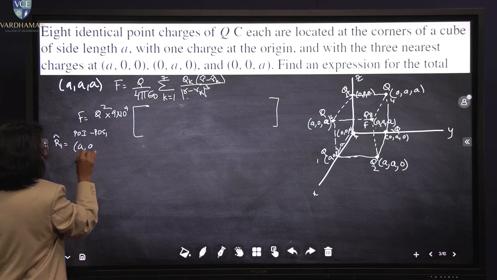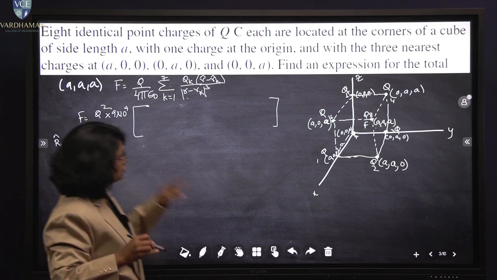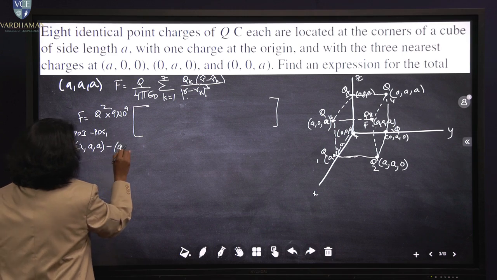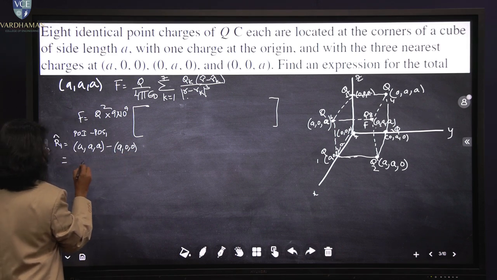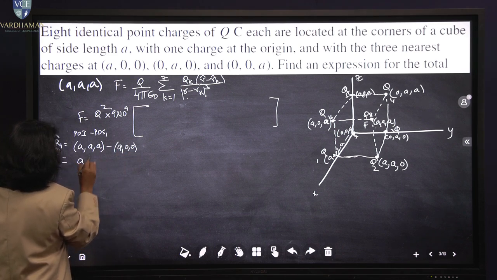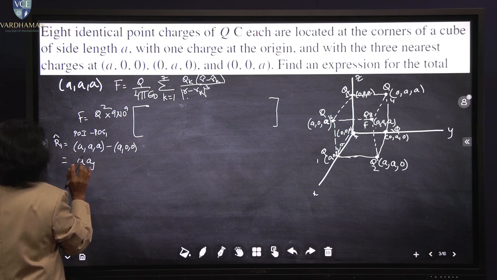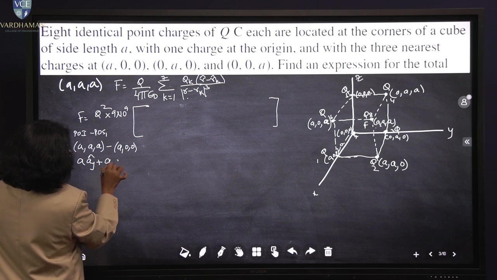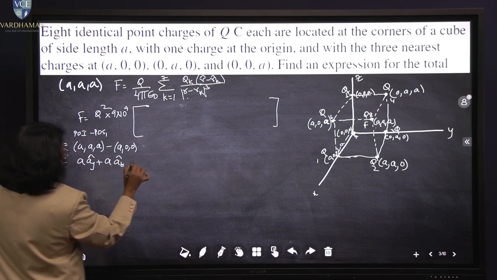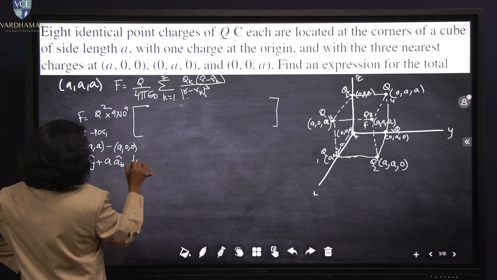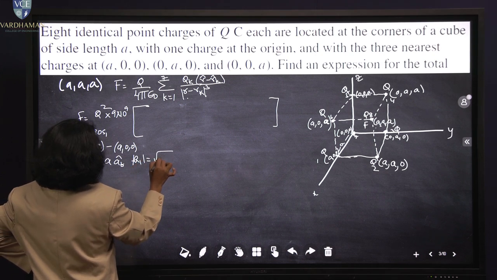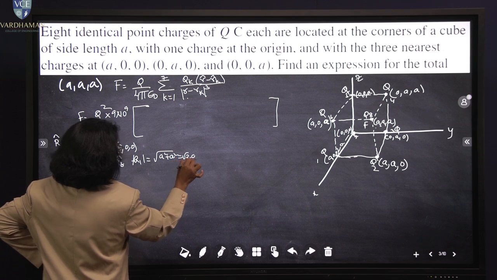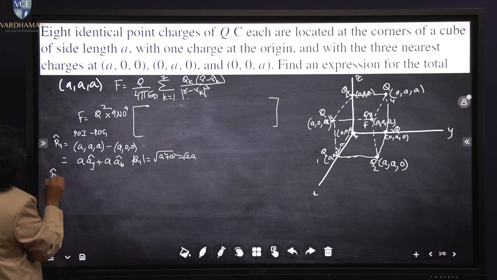Point of interest is a comma a comma a, minus the point of source, my source is at a comma 0 comma 0. So its vector is a ay plus a az, and its magnitude is the magnitude of R1, under root of a square plus a square, which is under root 2 a.